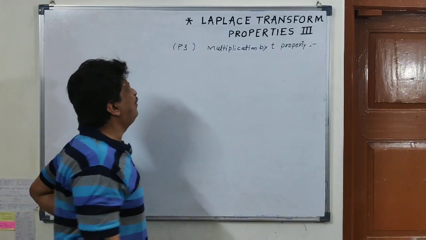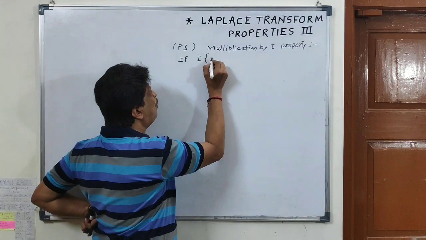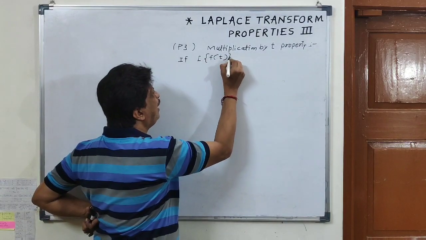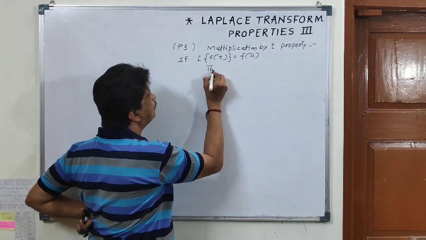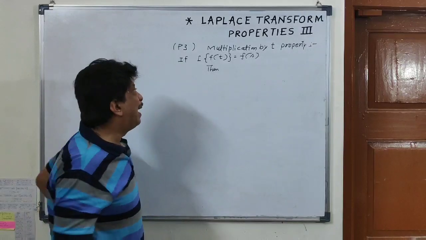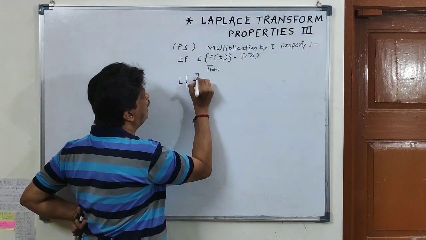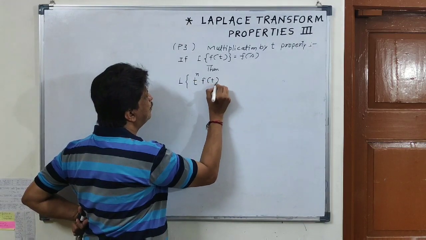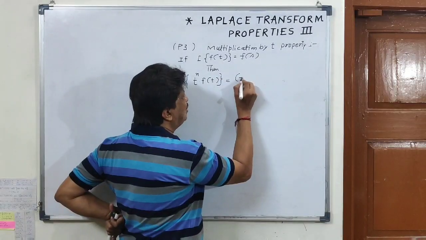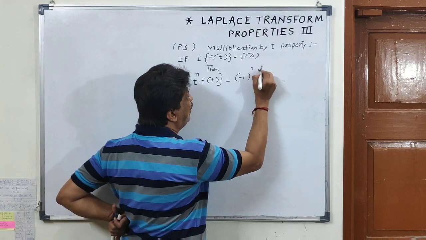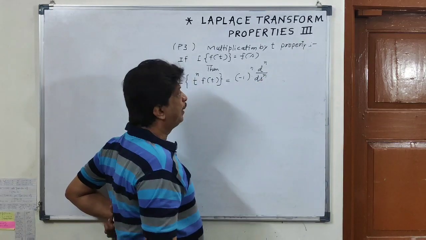This property states that if the Laplace transform of f of t is F of s, then the Laplace transform of t to the power n into f of t is equal to minus 1 to the power n into nth derivative with respect to s of F of s.